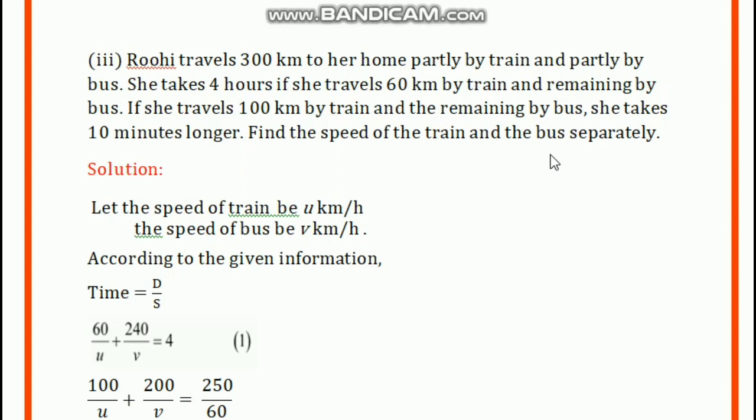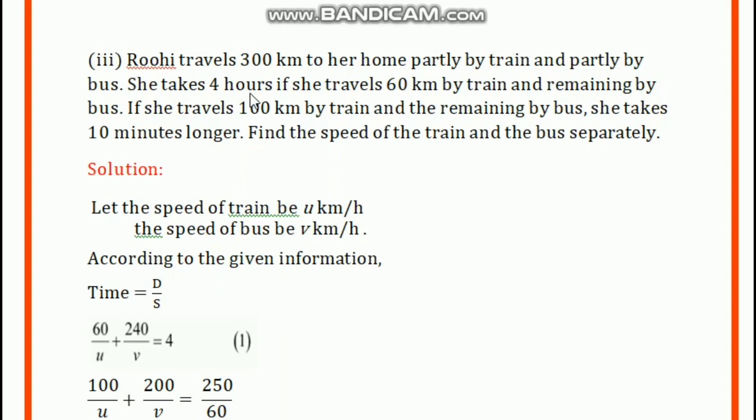Actually we need to find out the speed of the bus and train, which we don't know, so better we take the speed of the train as u and the speed of the bus as v, or else you can use some other variables x and y also. Already we know the speed, distance and timing relation, so time is equal to distance by speed.